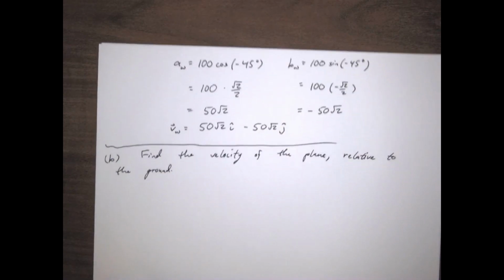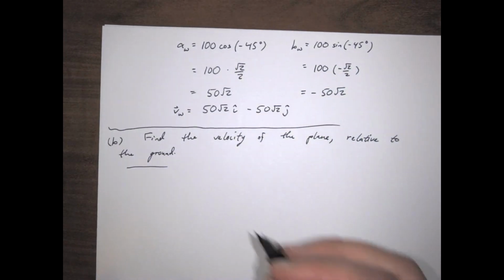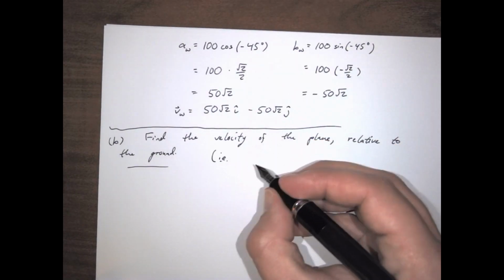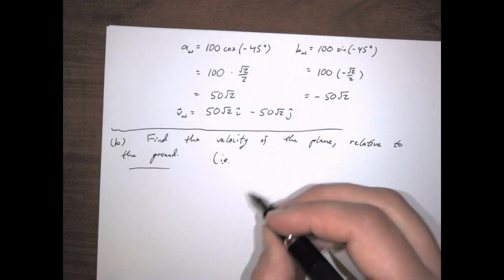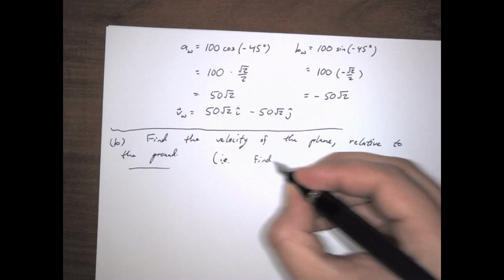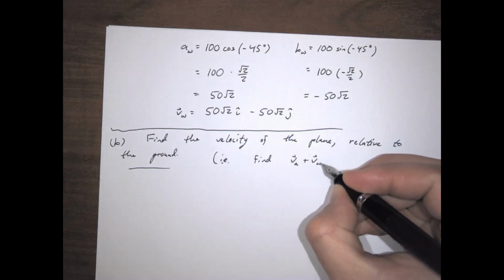So the velocity means the vector, and relative to the ground means not like we already have its speed through the air, but rather its speed relative to the actual ground. All right, so in other words, we have to take the velocity through the air plus the velocity of the air to get the overall velocity, i.e. find VA plus VW.